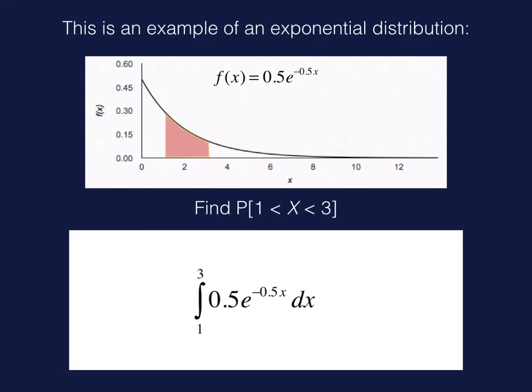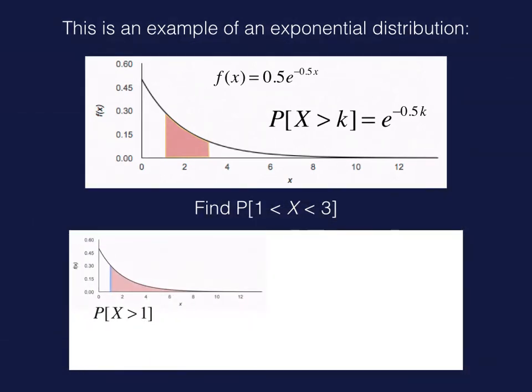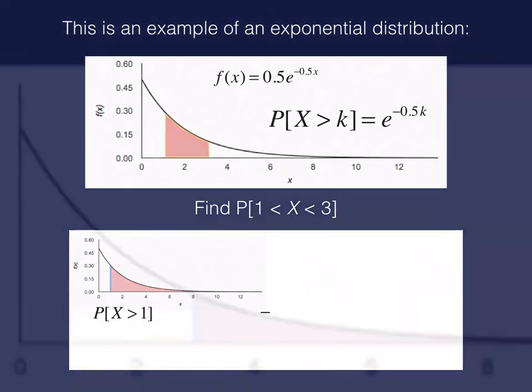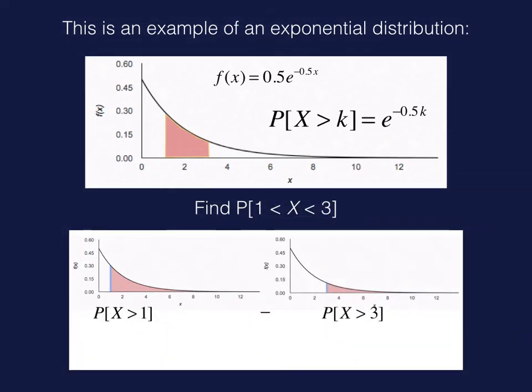And I'm not going to assume that you're that good at calculus yet, so I'm going to give you a little information about this graph, which is that the probability that x is greater than any given number is e to the minus 0.5 times that number. Okay, so the strategy I'm going to use is I'm going to find the area bigger than 1, and I'm going to subtract from that the area bigger than 3.